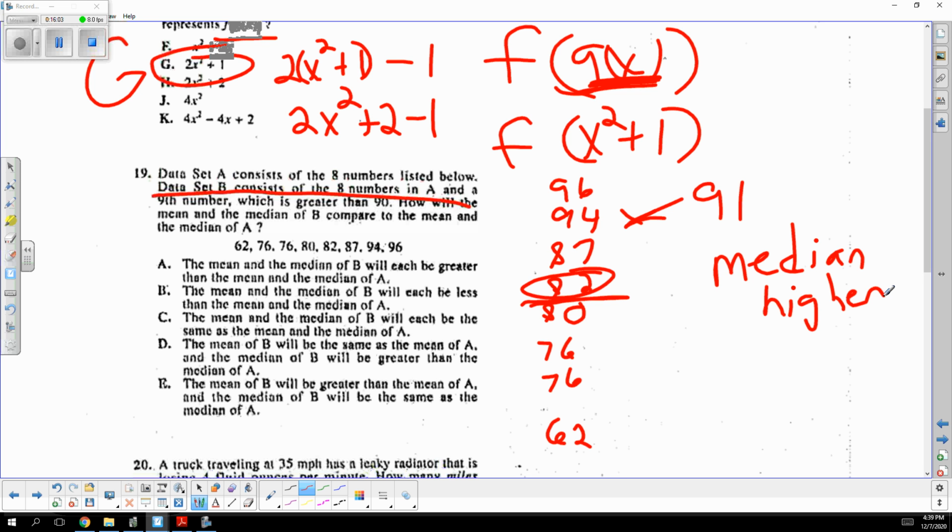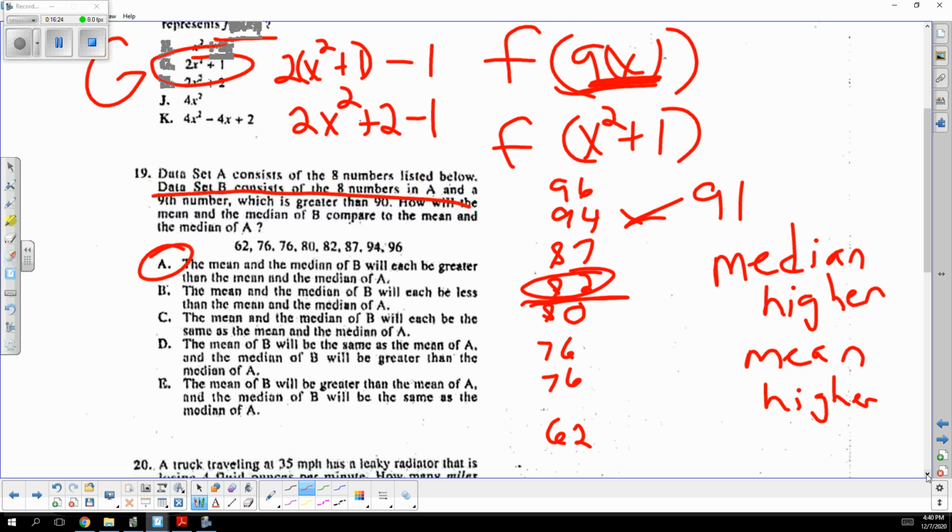Does that make sense? So the median gets higher, and of course the mean is higher because you added something big to the list, so both the mean and median will be greater. Both increase, not by a ton, but by a little bit.